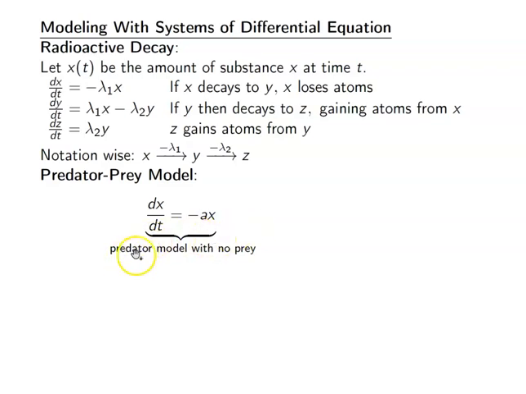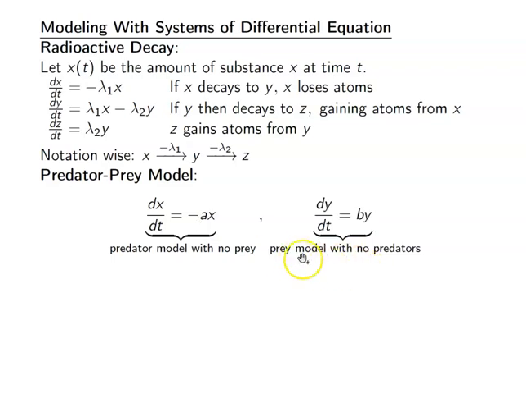Okay, so if I have a population of predators, but there is no prey, then that predator population is going to decay at a rate that is a constant multiple of its population size. Because if there's no prey, there's nothing to eat, and you will die off or eat each other. Either way, your population is shrinking.